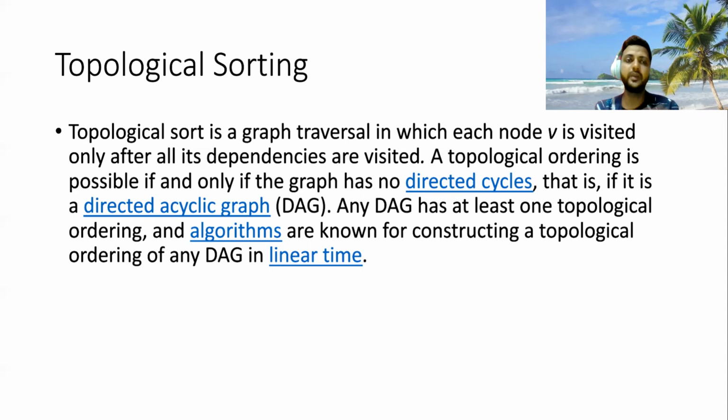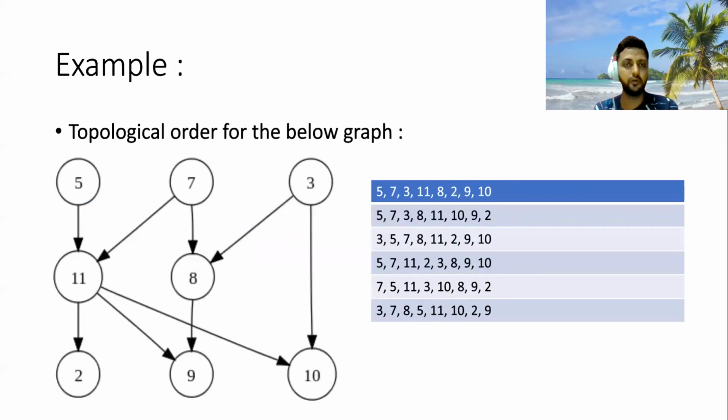Your graph should be a directed acyclic graph. Second, you need to print all the vertices in such a way that for every edge U to V, U should come before V. Now, don't worry about that. Let me explain with the help of one example. You will easily understand this part.